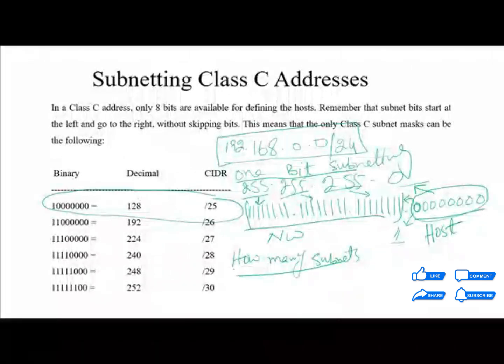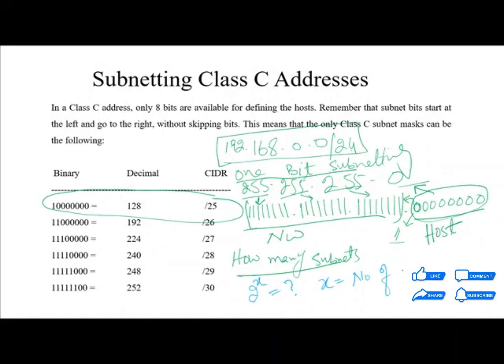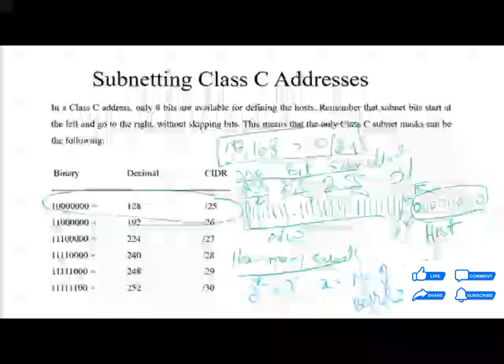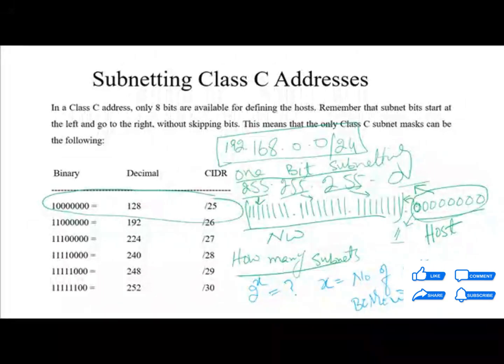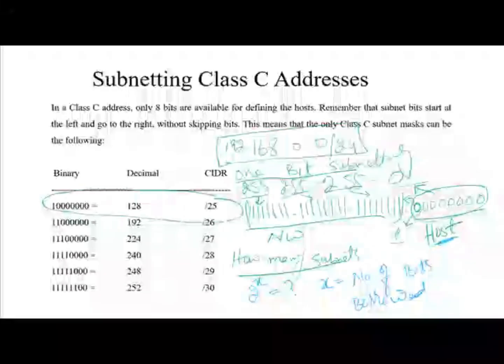To calculate that, we have a formula, 2 power x. So 2 power x will give you the required answer, where x means the number of bits borrowed. Borrowed means as we move those bits towards the network, from the host portion, we are borrowing this bit.